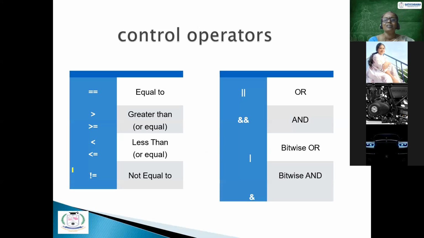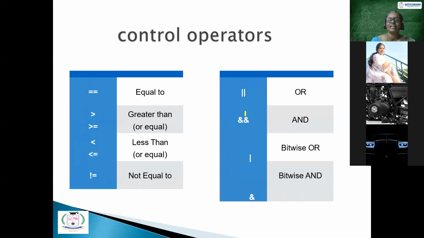Okay, and some of the control operators you have already studied in C and C++; the same type of control operators we will use. You all know these: equal to, greater than or equal, less than or equal, not equal. All this comes under the conditional operators.